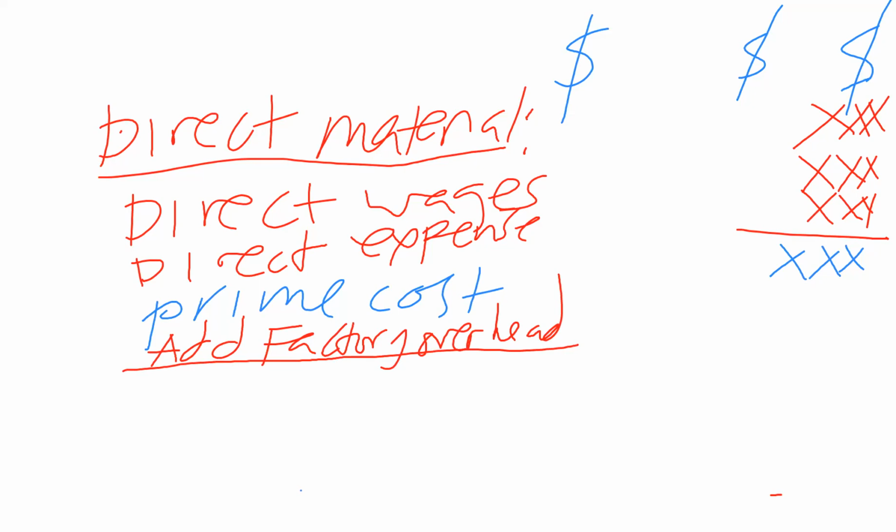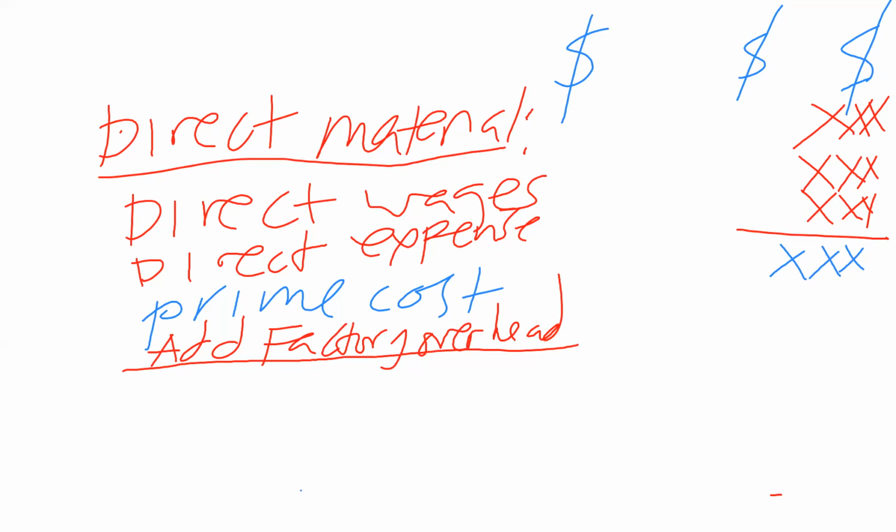So you have to add them as well. They should be added. Under the factory overheads, there are many that we have actually. So you can just list down as many as you have been provided with.